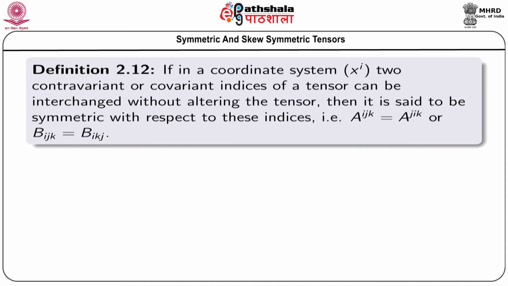That means Aijk equals Ajik, or for a covariant tensor of rank 3, Bijk equals Bikj, then we say that these are symmetric tensors with respect to the two indices i and j for the contravariant tensor and j and k for the covariant tensor.